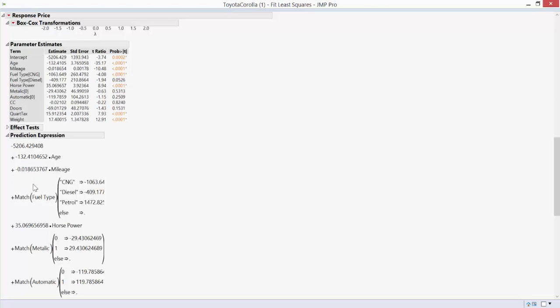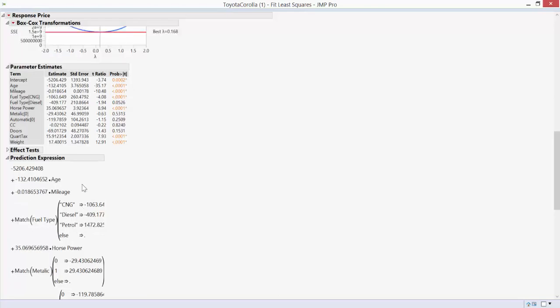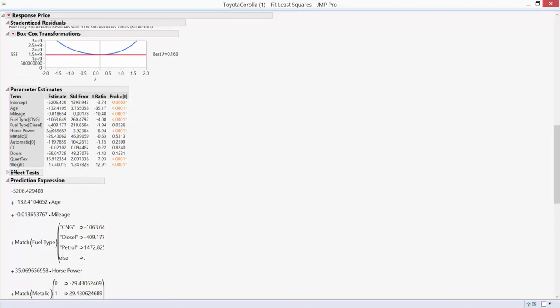But look at that. Here is my part that kind of looks unusual, right? Depending on what type of fuel the car is using, I have to either add or subtract something to the equation, okay? And here's what happens, ladies and gentlemen. If you look at the parameter estimates, now, if you remember, we just discussed that. Type of the fuel used by the car, there are 3 values, right?